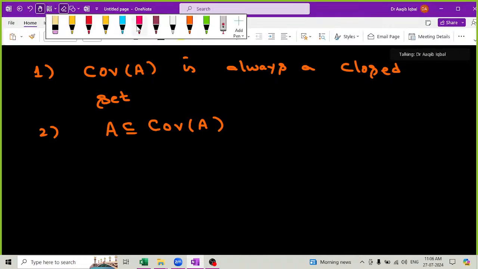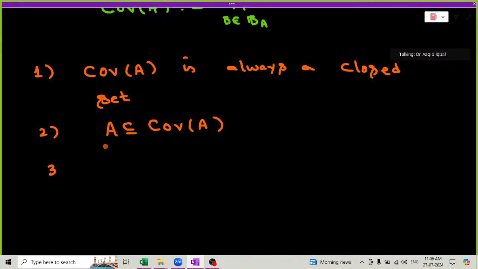Now tell me, what will be the third observation? These are remarks about this. If you take the cover of X, what will be the cover of X?